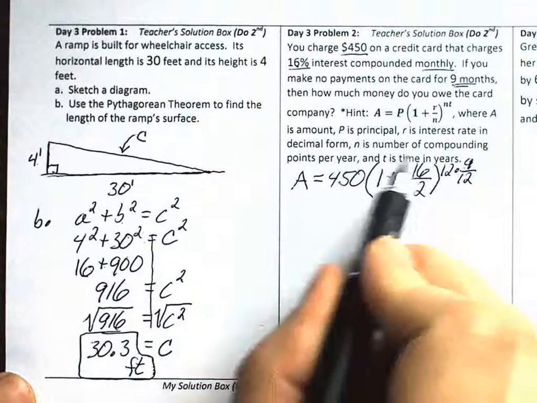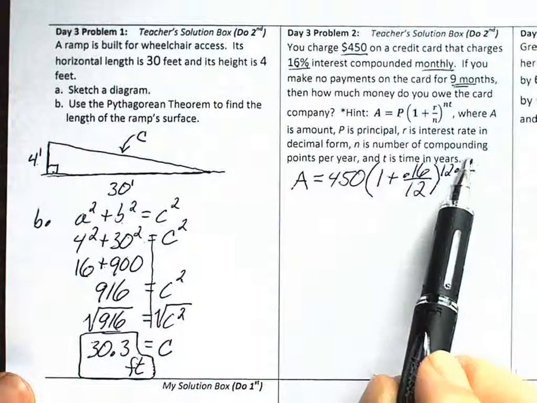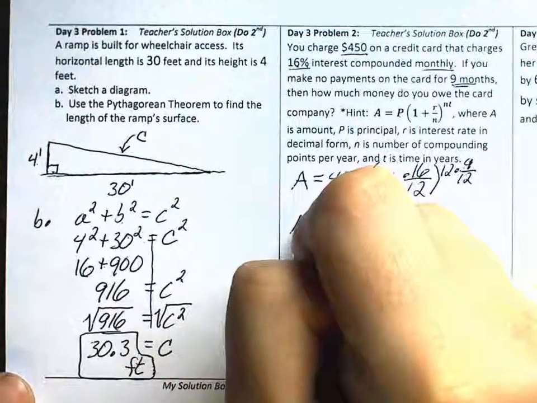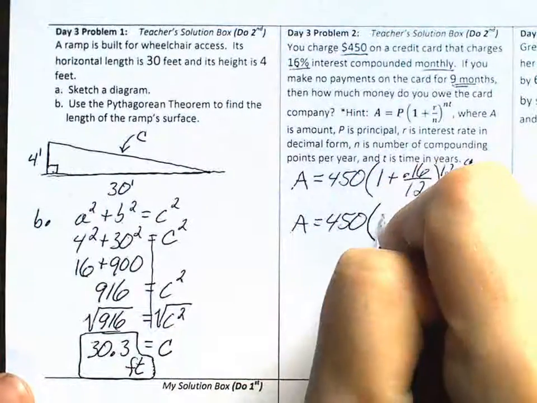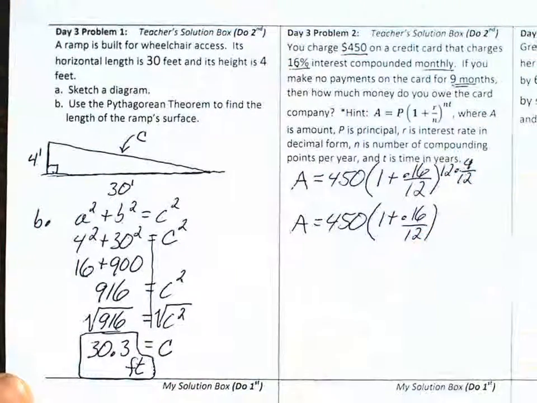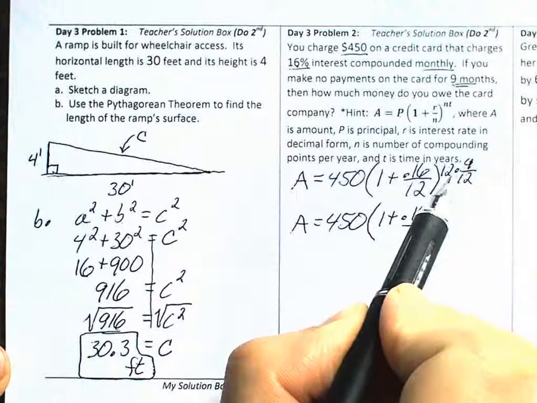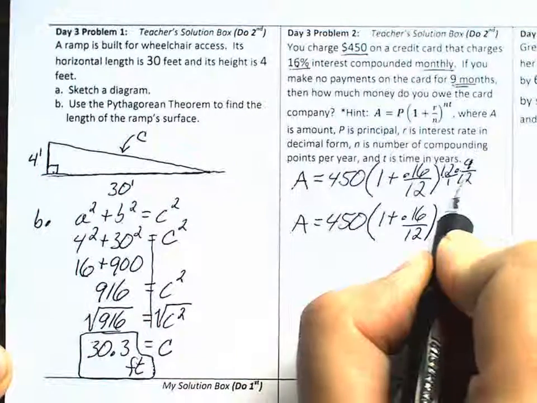Now let's simplify this so that we're not typing such a complicated expression in the calculator, especially this part here in the exponent. We can do a lot better than this. So A equals 450 in parentheses 1 plus 0.16 over 12. And now the exponent. 12 over 1 times 9 over 12.